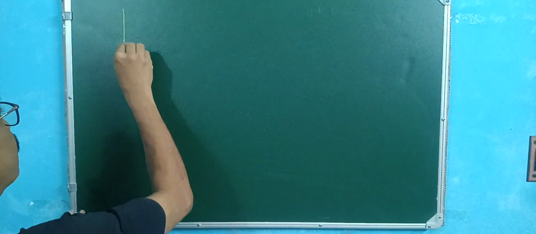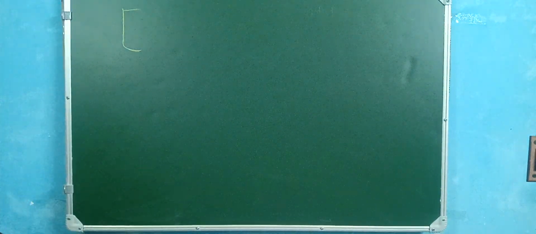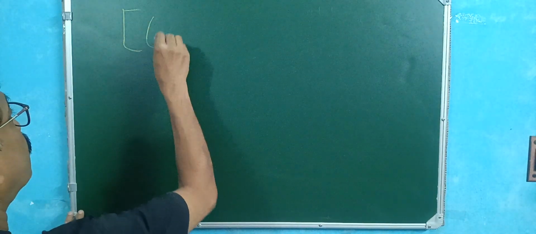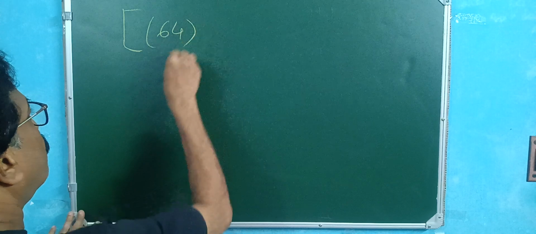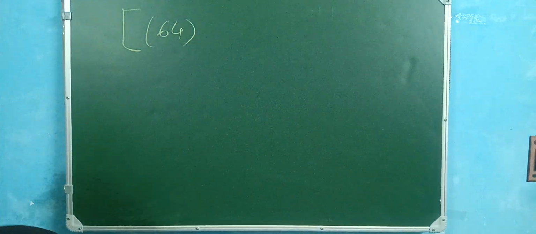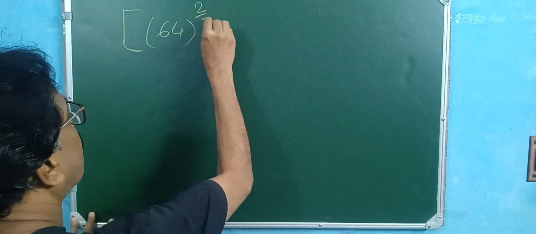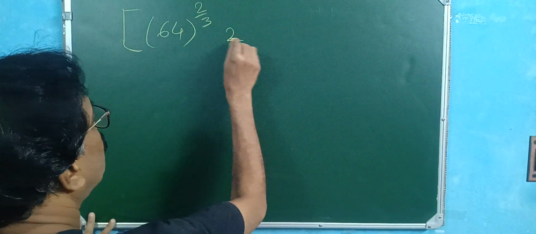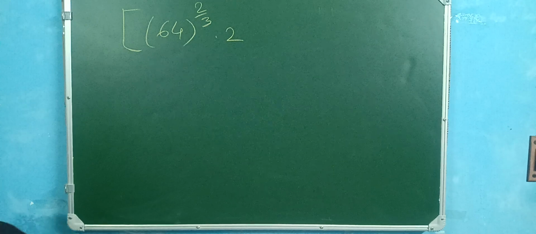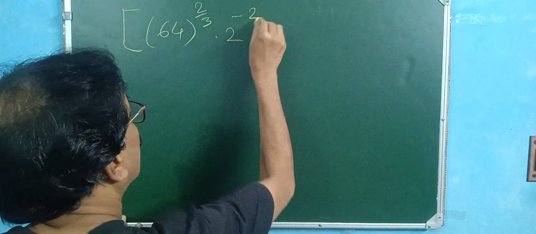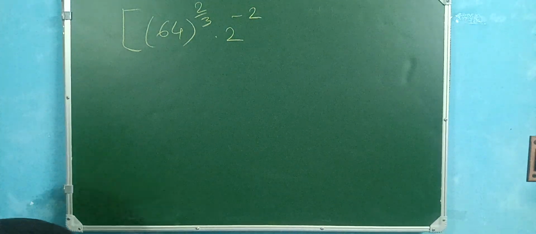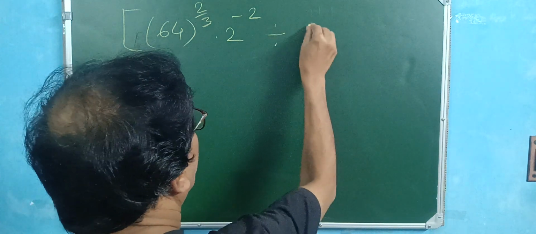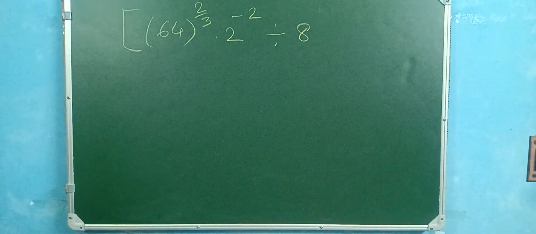Here is the third bracket. This is 64 to the power 2 by 3. This is 2 to the power minus 2, that is a dot, actually. And this is divided by 8 to the power 0.